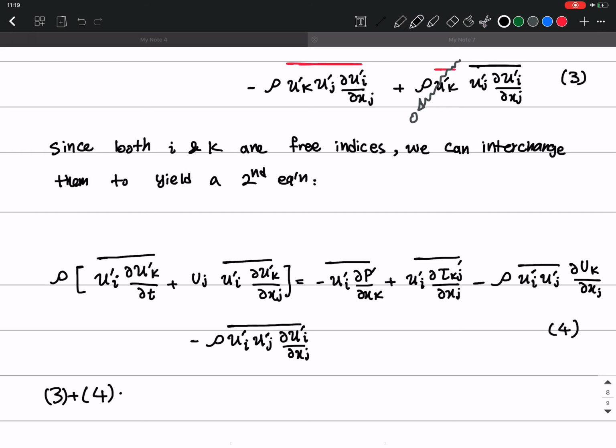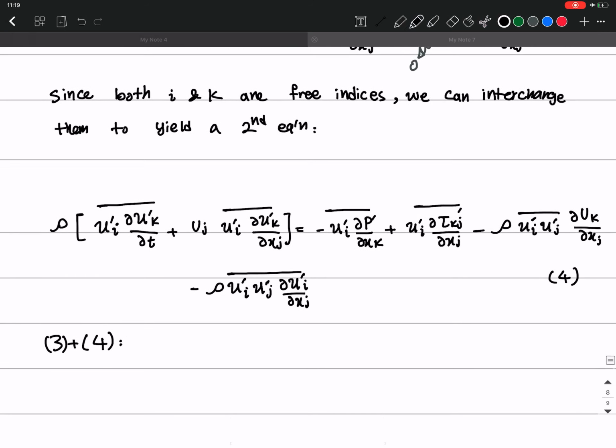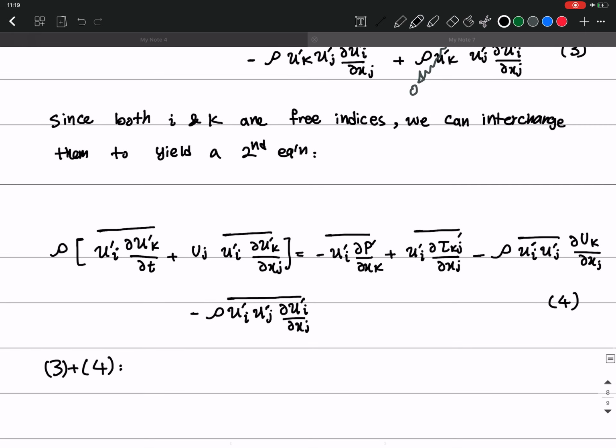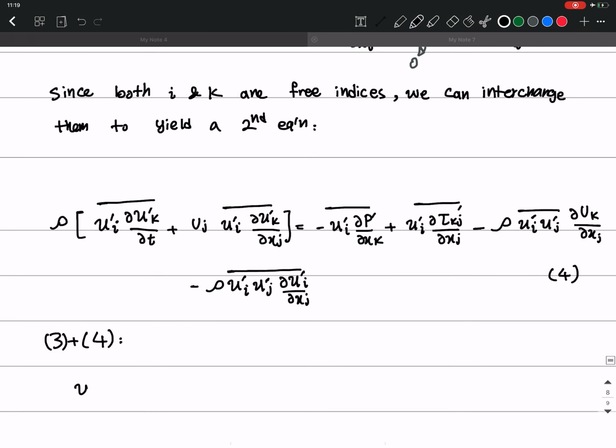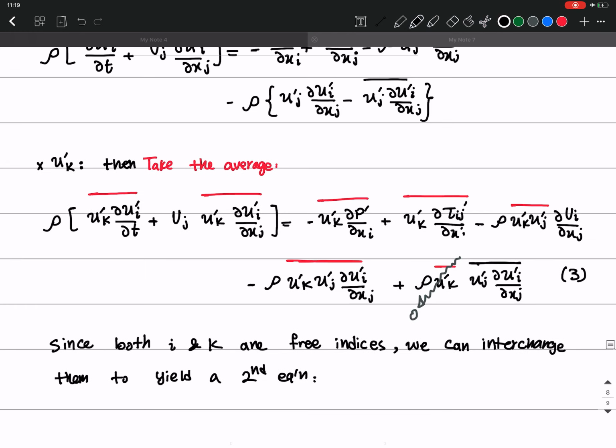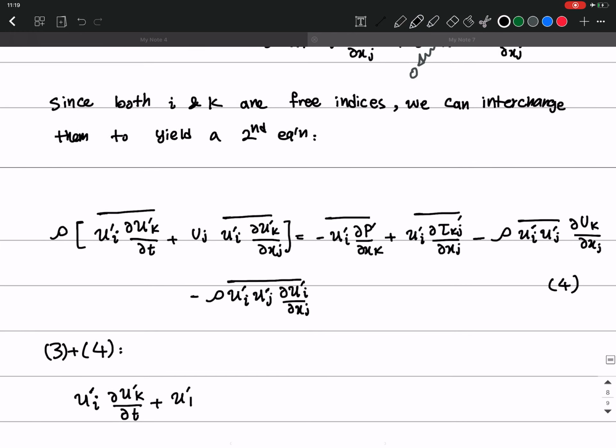So if we add equation 3 and 4, we are going to get this. We are going to get u prime i, u prime... let me first write the first term, partial u prime k over partial t plus u prime k partial u prime i over partial t, bar. And what is this?